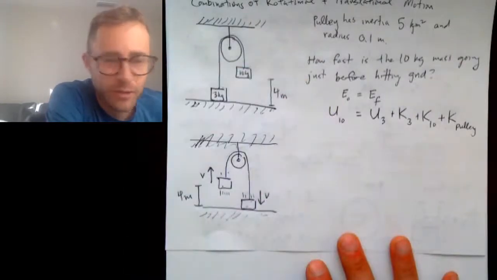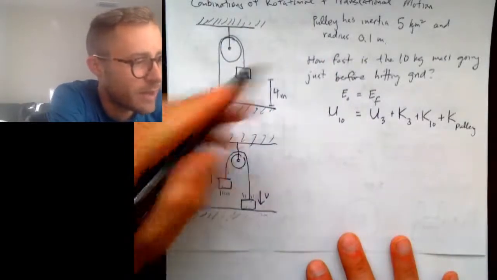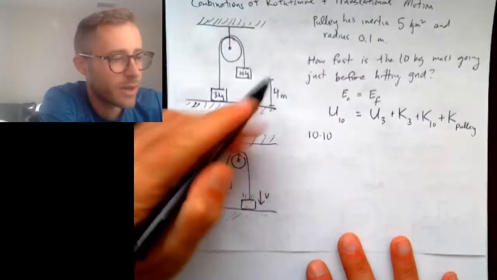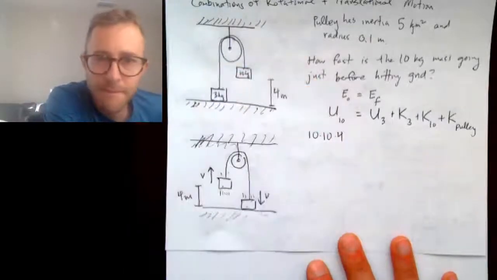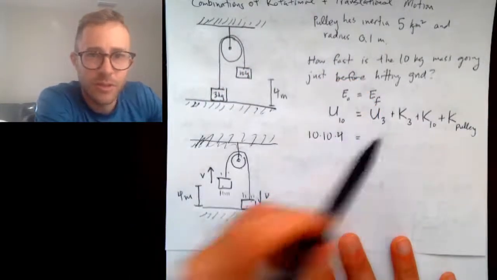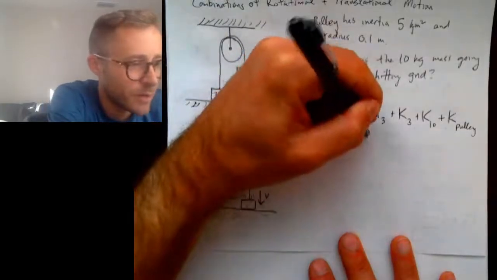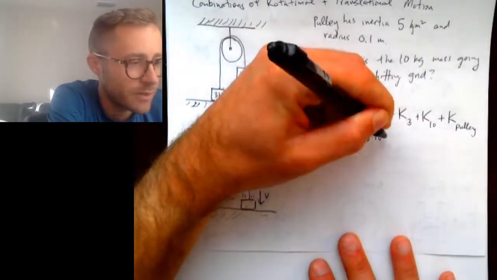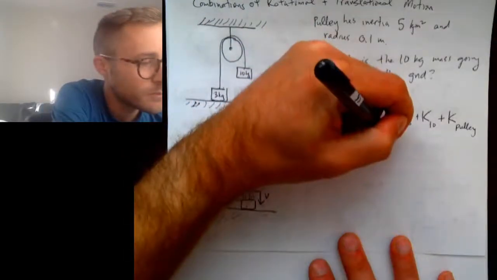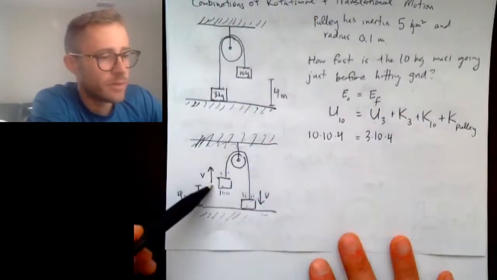So going to the next line. So I have, this is mgy. So I have 10 times gravity, which is 10 times a height of 4 meters. Okay. The gravitational potential energy of the 3 kilogram mass is going to be mgy, 3 times 10 times 4. The kinetic energy of the 3 kilogram object.